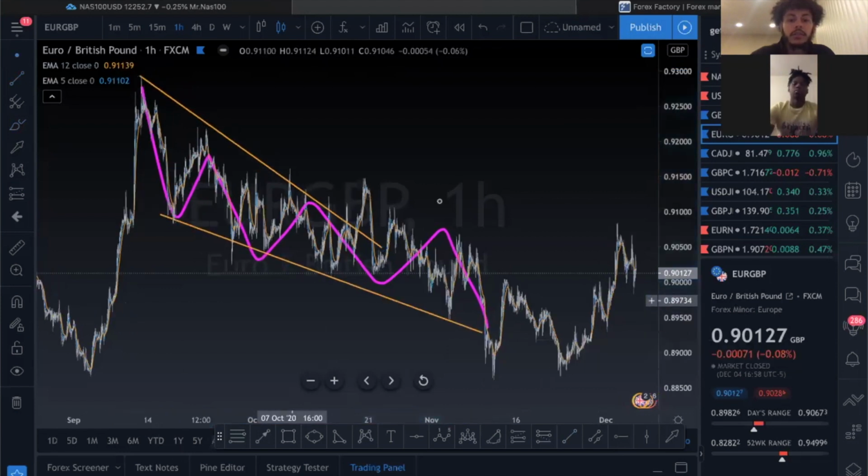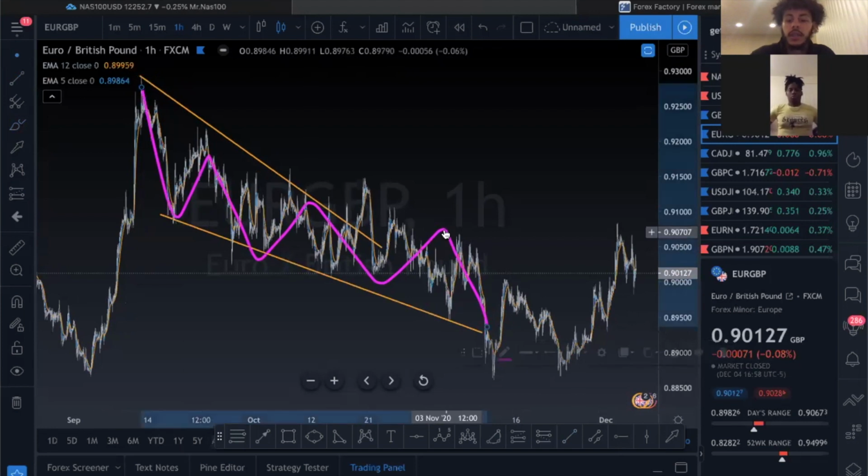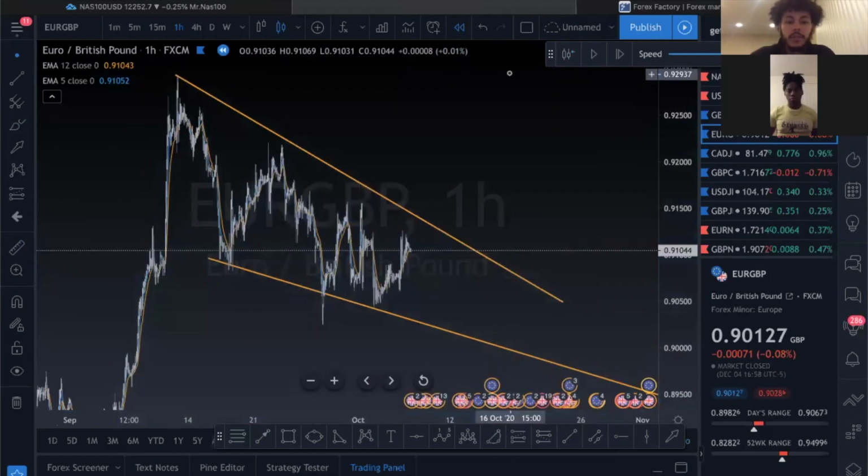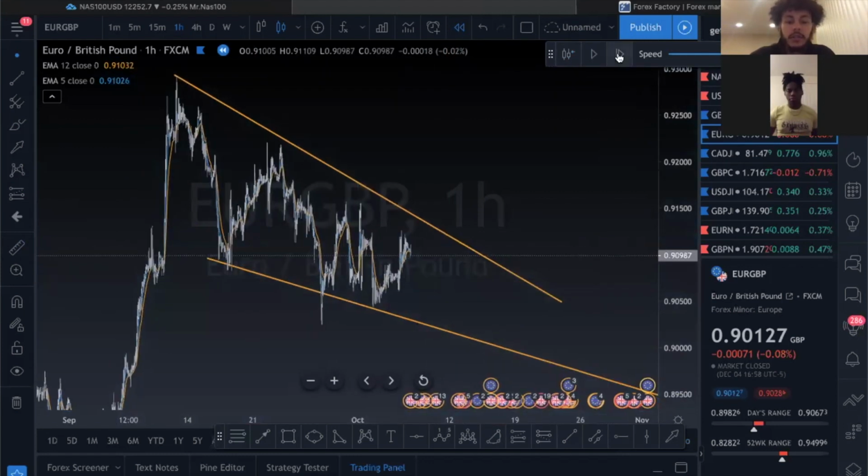So we're going to use the playback tool and show an example of using this golden box strategy in a trending market with Euro GBP. So we got the market moving right now, just going up and down.